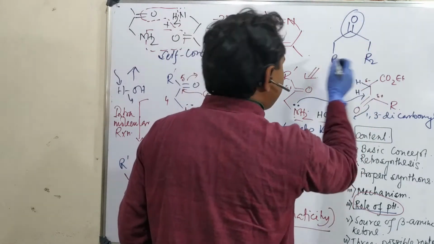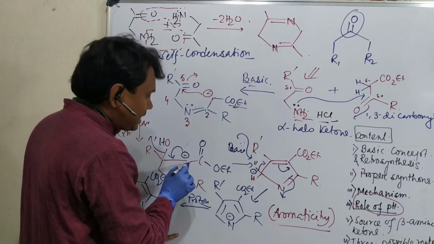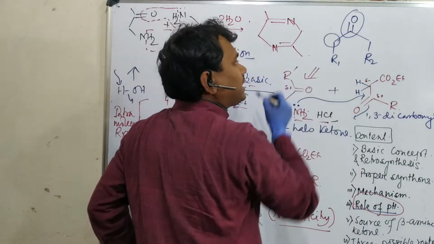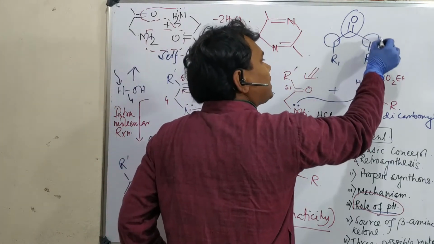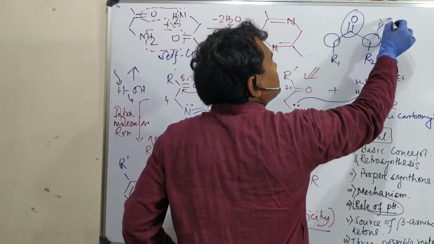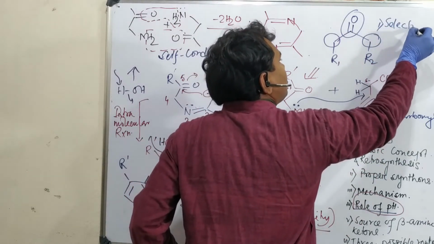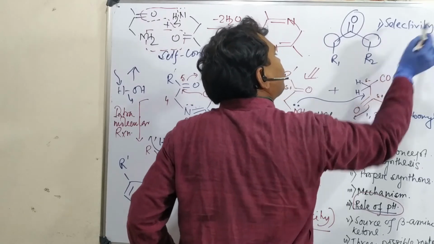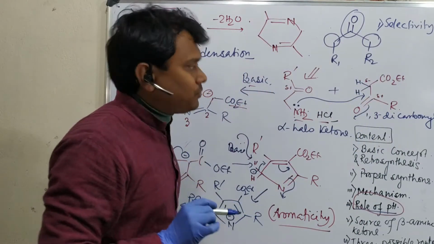Now during the second step, means this attack, from this part attack can happen, from this part attack can happen. Point 1, selectivity. So two types of pyrrole formation are possible if we take ketone, first point.